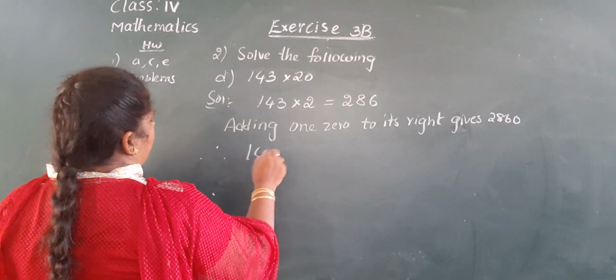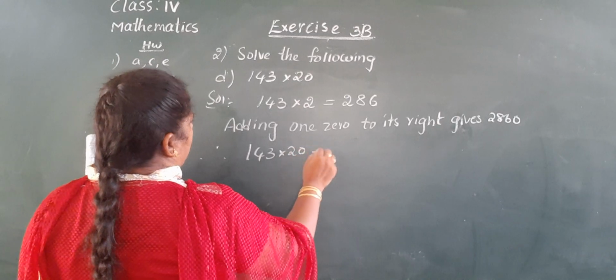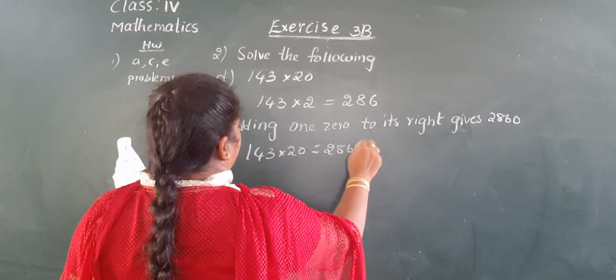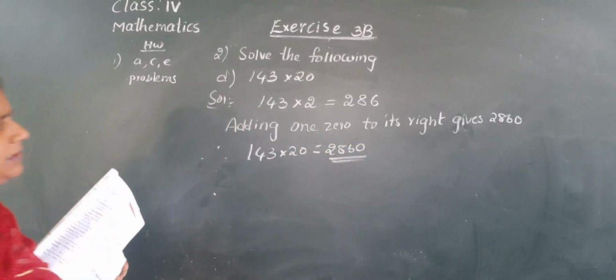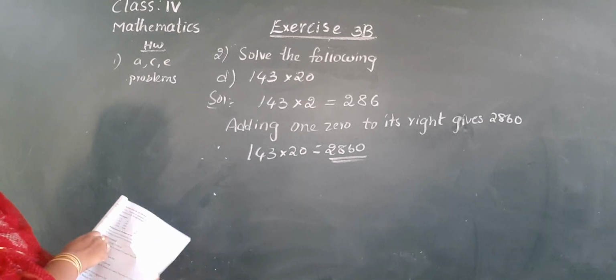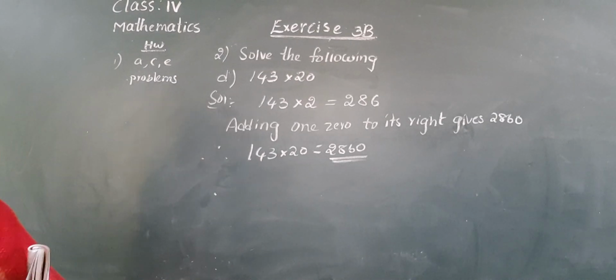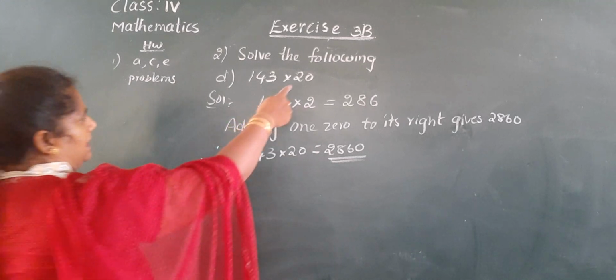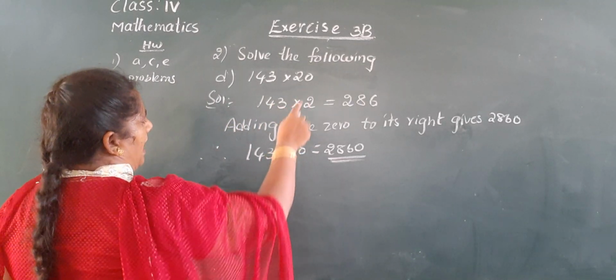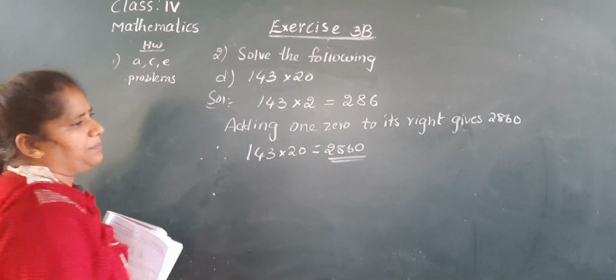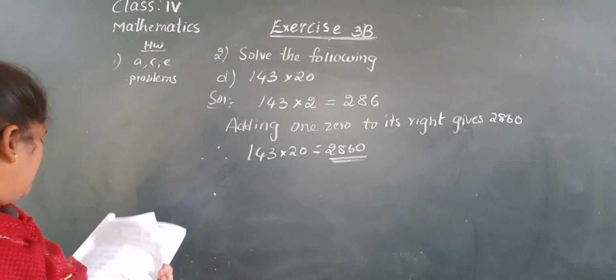Therefore, 143 into 20 equal to 2860. Is it clear to you, children? If a number is multiplied by 20, 30, 40, first you multiply the numbers. Later you add 1 zero to the right side of the product. Okay? And next problem.